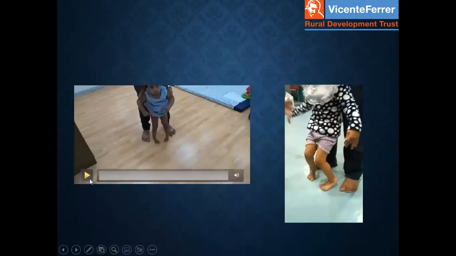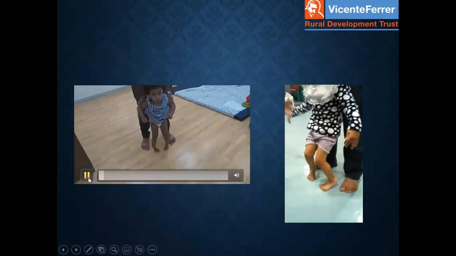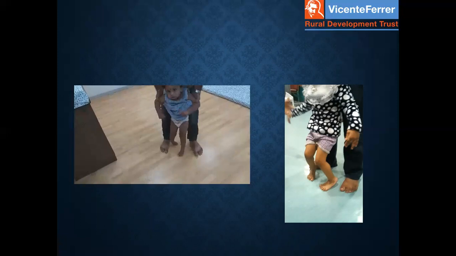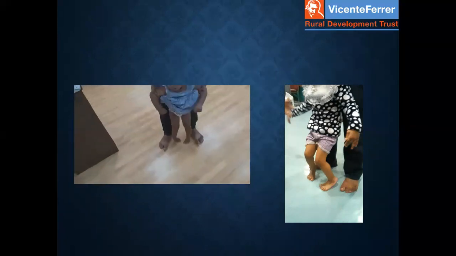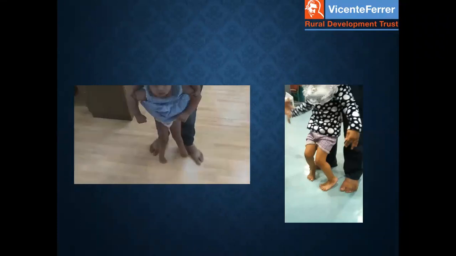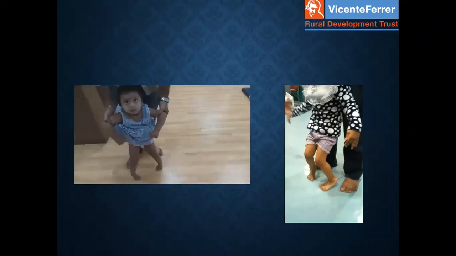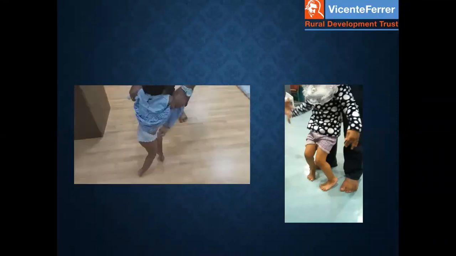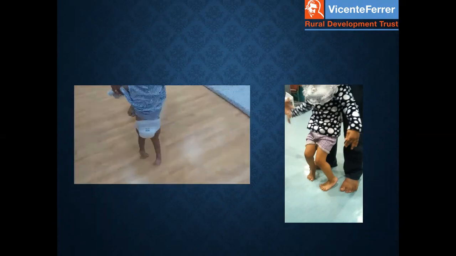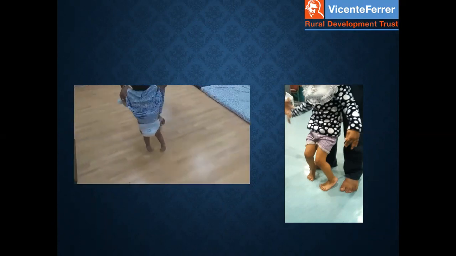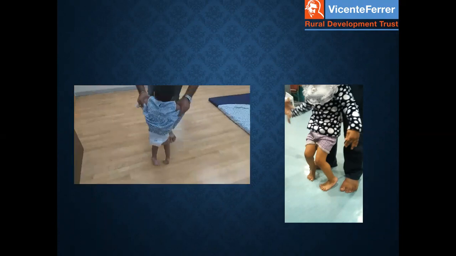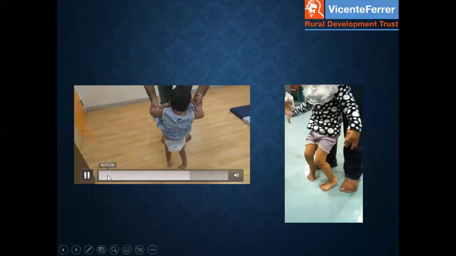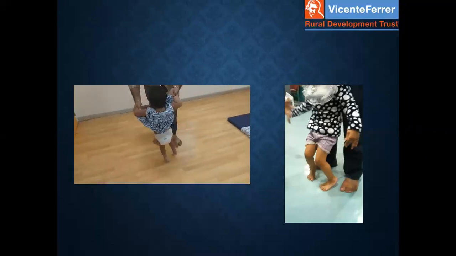So let us see this child's gait. What's happening?